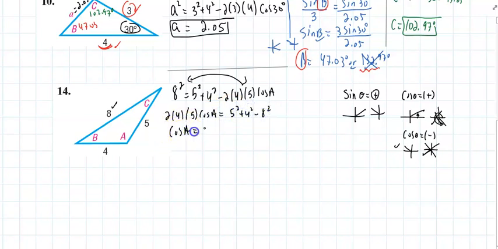And cosine of A would be 5 squared plus 4 squared minus 8 squared all over 2 times 4 times 5. And A would equal, and again, whether it's positive or negative, I don't have to worry about two cases, it turns out to be 125.1 degrees.